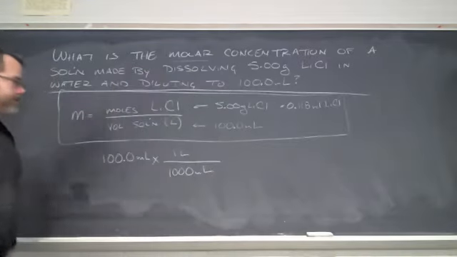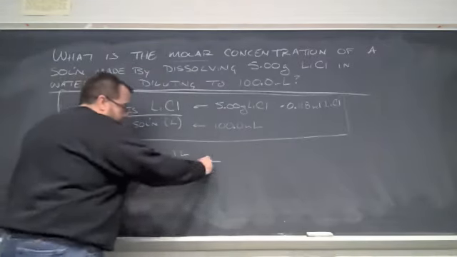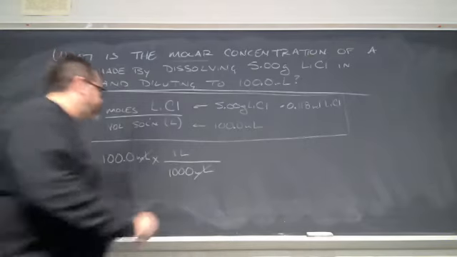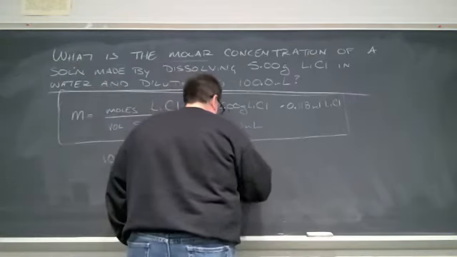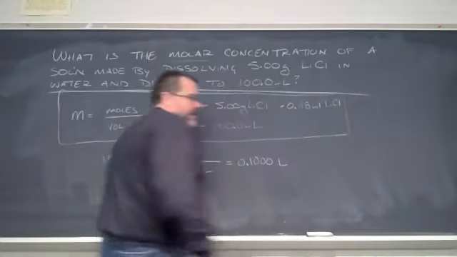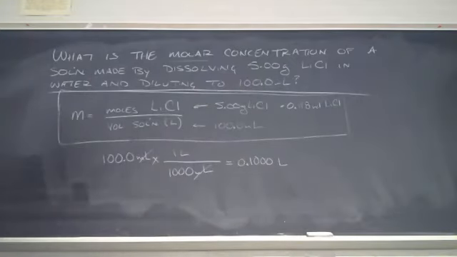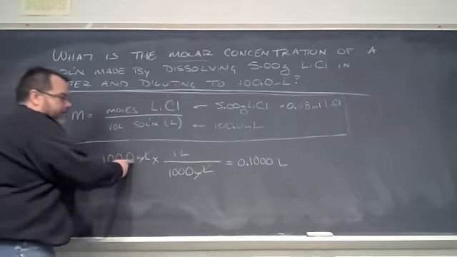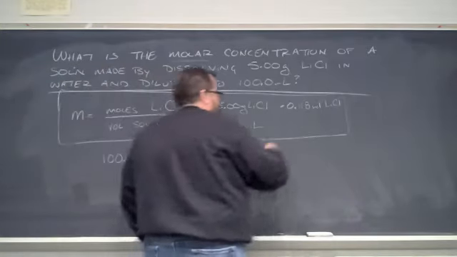All right, so 1 liter is equal to 1,000 milliliters. Again, we cancel our units. And that gives us 0.1000 liters. We've got 4 significant figures here, so we should have 4 here.